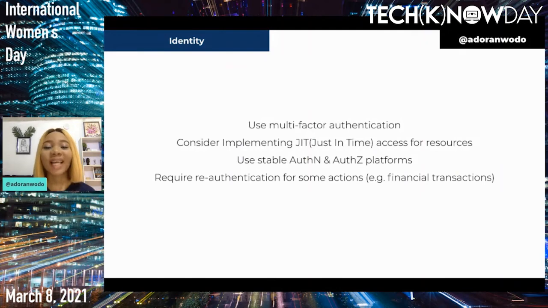So if there was JIT access, basically what happens is before you gain access to the resource, or before you are able to do something for any production resource, you need to request access from specific admins, and then the admins need to verify that what you're about to do is not going to cause any harm, and then you can go ahead and do it.